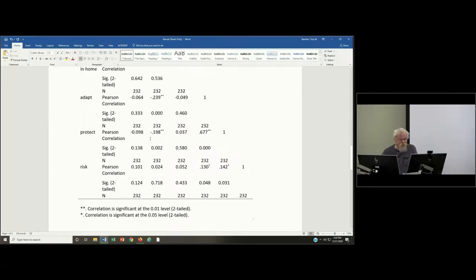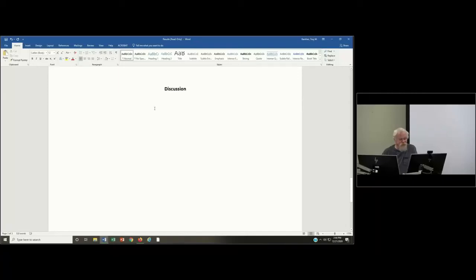So the first thing I'm going to write in the discussion section for this survey is that older children seem to be at more risk than younger children during the COVID-19 pandemic, as evidenced in the survey results.